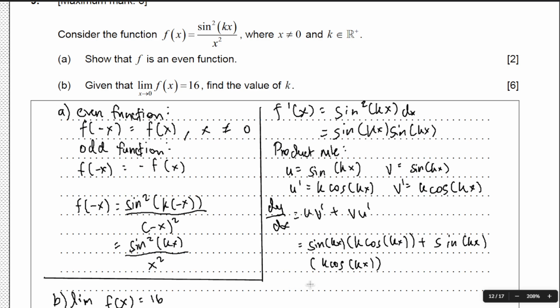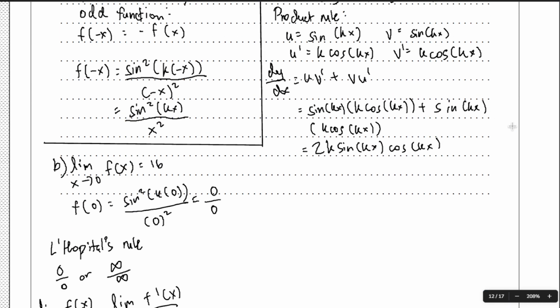Then we can just place them together, and it would be 2k sine kx cos kx. And that would be our derivation for the numerator here.